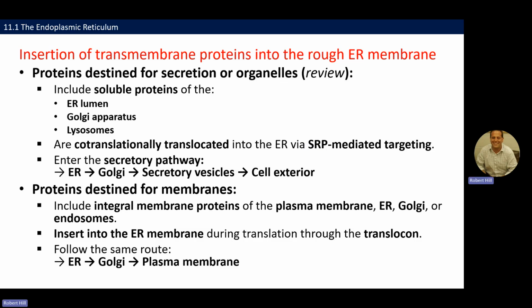So when proteins are getting positioned on the membrane of the ER so that the N term is in the cytosol or the C term is in the cytosol or the N term is in the lumen, however it's going to be, it does it so that whatever is in the lumen, if it's going to the plasma membrane, is going to be on the outside of the cell then. Okay?